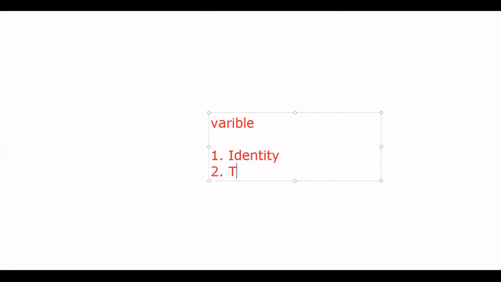Number two will be the type. Which type of variable is it? Is it an integer type? Is it a string type? What type of variable is it? And number three is the value of the variable. Every variable will have a value. So every object or every variable has these three components: identity, type, and value.